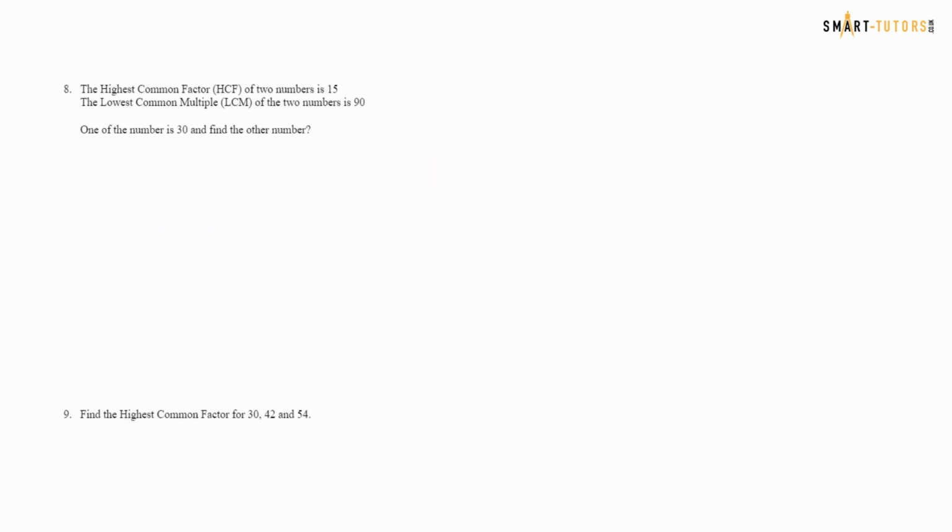Question number 8. Again I'm going to use the same Venn diagram method. The highest common factor is 15, in the middle. So basically you can write the highest common factor as 3 times 5. Highest common factor 15 means 15's factors are 5 times 3.